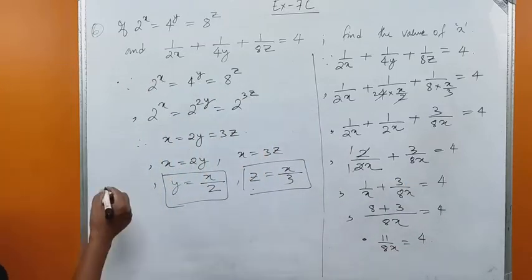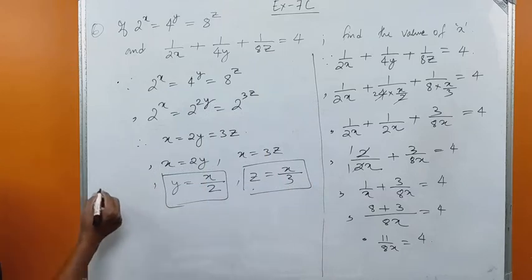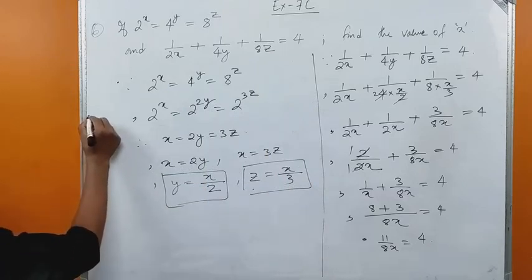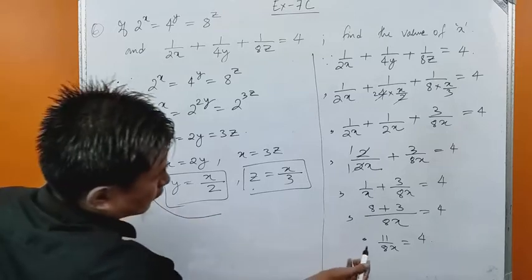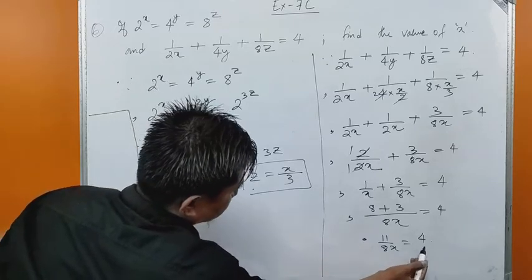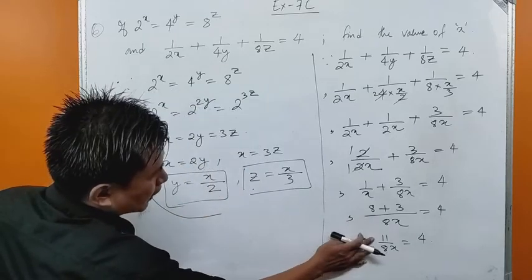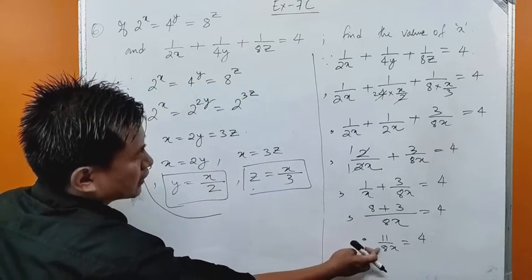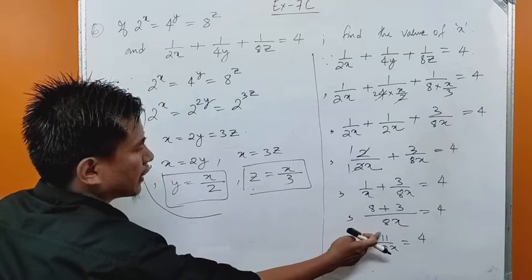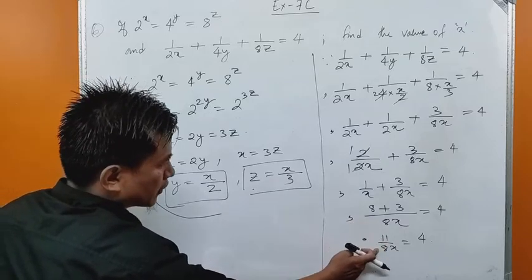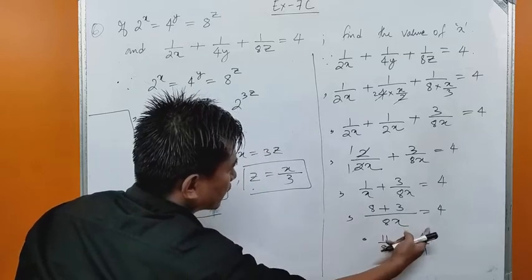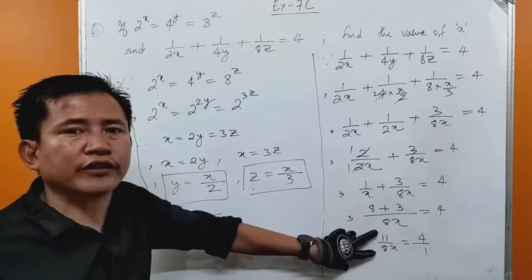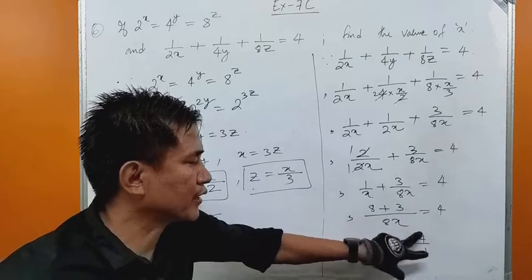So let me continue this sum here. Now we have 11 upon 8x equals 4, isn't it? We apply invertendo. Invertendo means we take the number from the denominator to the numerator and the number from the numerator to the denominator. Whatever we do in the left hand side, we have to do the same thing in the right hand side as well.